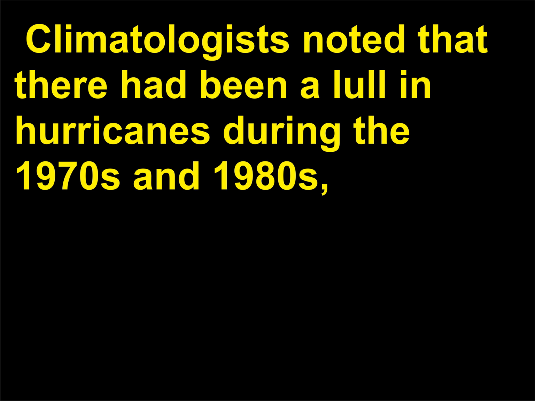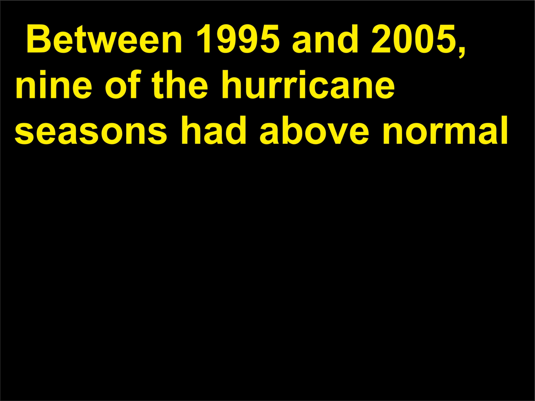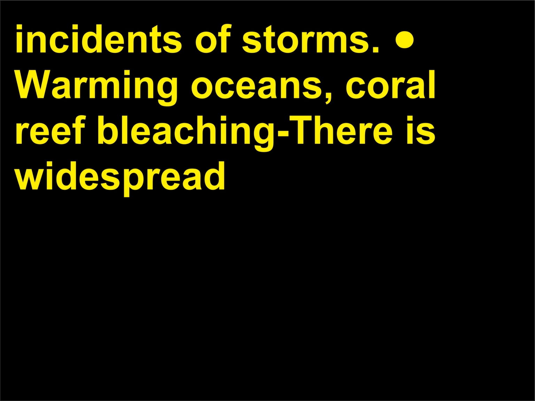Climatologists noted that there had been a lull in hurricanes during the 1970s and 1980s. But since 1995 there has been a significant upswing. Between 1995 and 2005, 9 of the hurricane seasons had above normal incidence of storms.